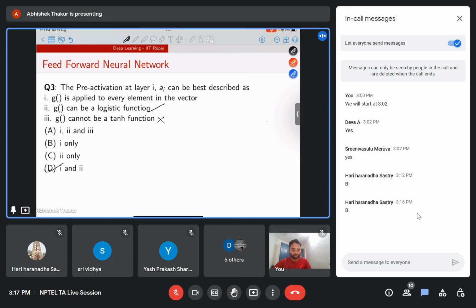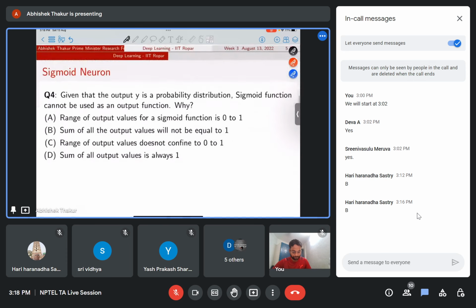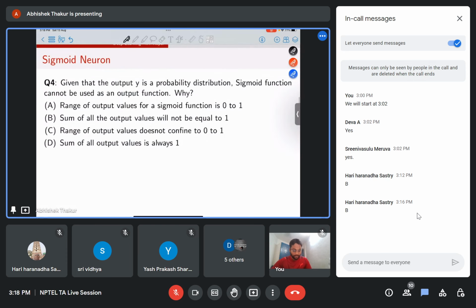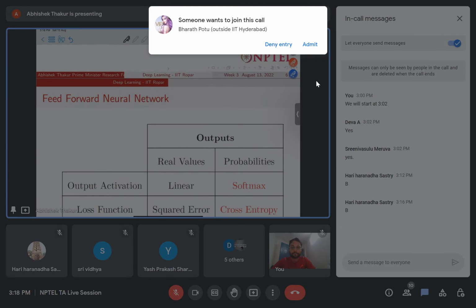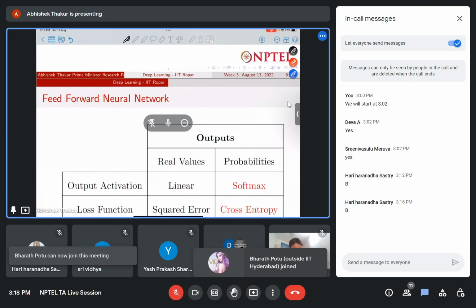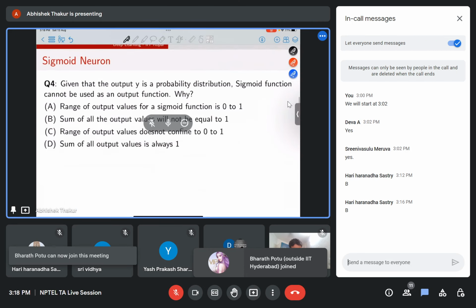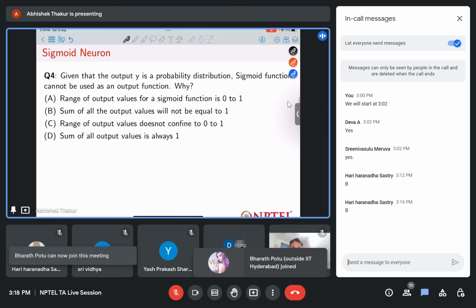Now we'll move on to question number 4. Given that the output y is a probability distribution, the sigmoid function cannot be used as the output function y. The four options are given.